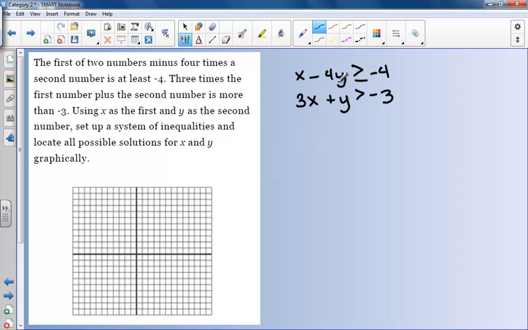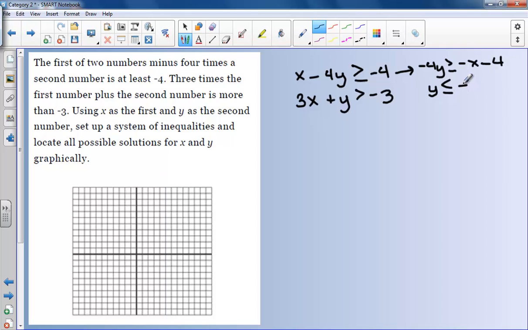And we're doing this by graphing, which means we're going to put this in terms of y equals. I've got negative 4y is greater than or equal to, and then move that x over, so negative x minus 4. I'm going to divide by negative 4, which means I'm going to reverse my inequality.